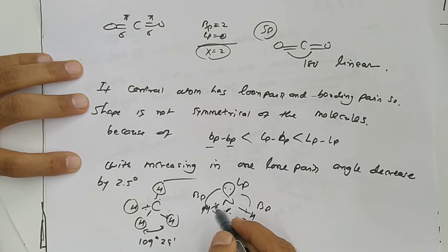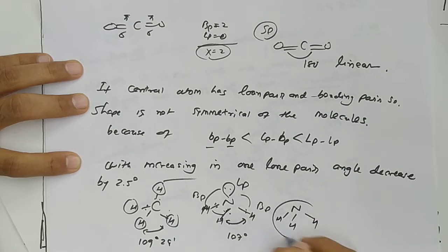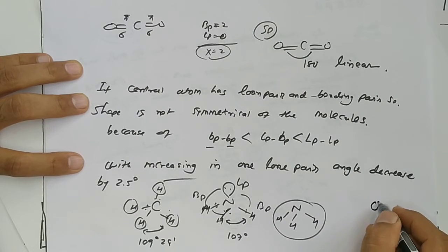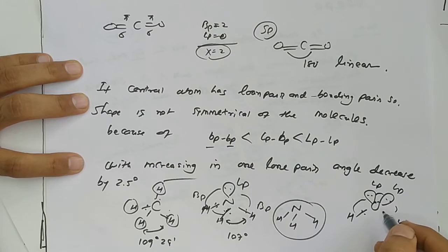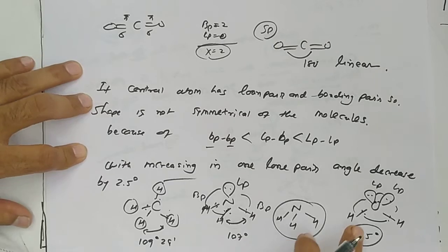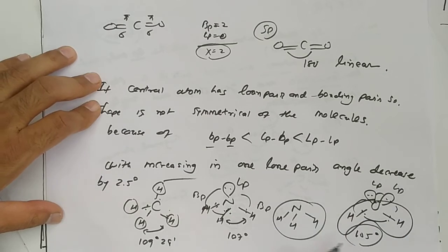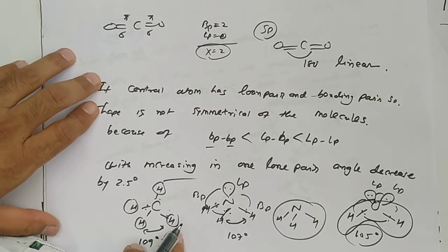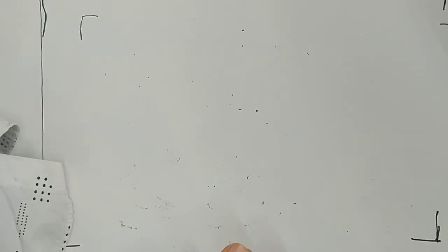This one is tetrahedral, this one is now pyramidal. Now in water, oxygen has 2 bonding pair and 2 lone pair, one more lone pair, so repulsion is more, so the angle is decreased to 105 degrees. Hybridization is sp3, but the angle is 105 and the shape is not linear but bent.